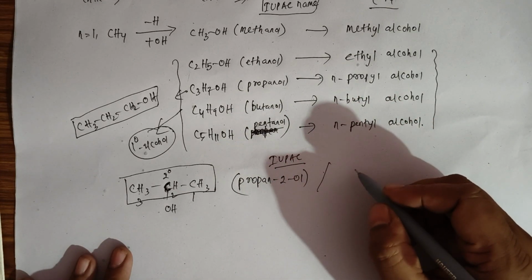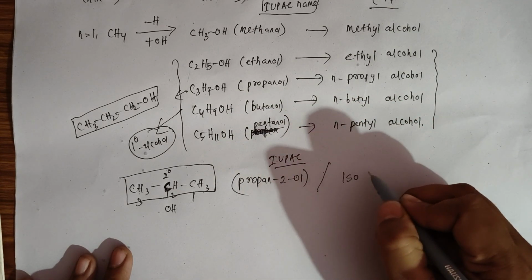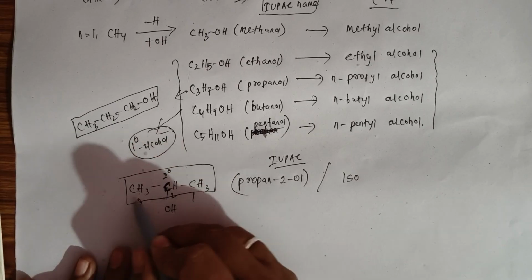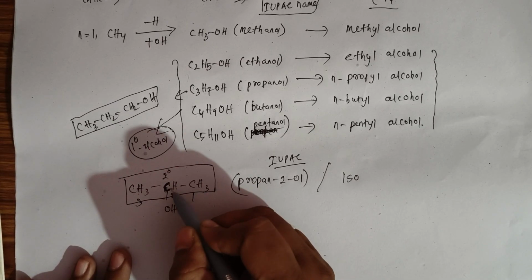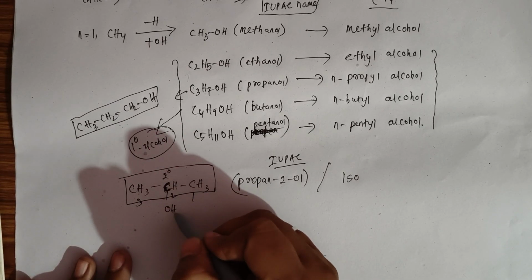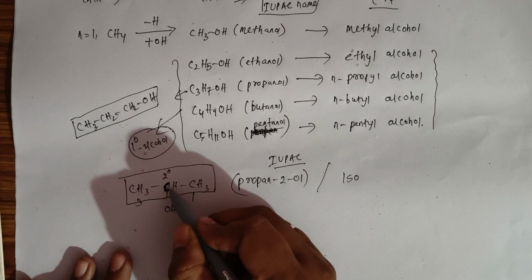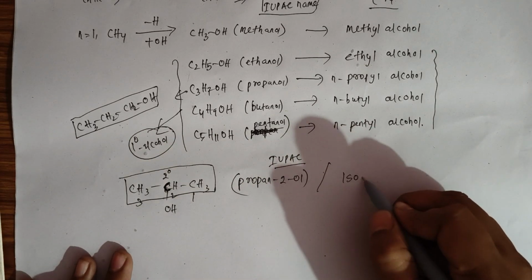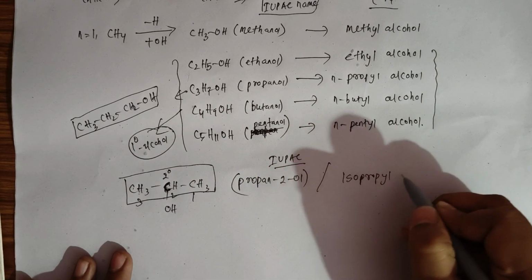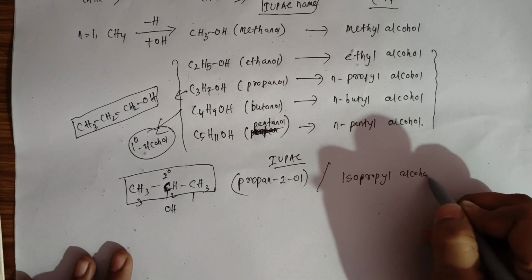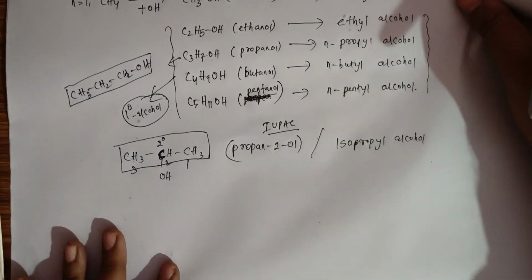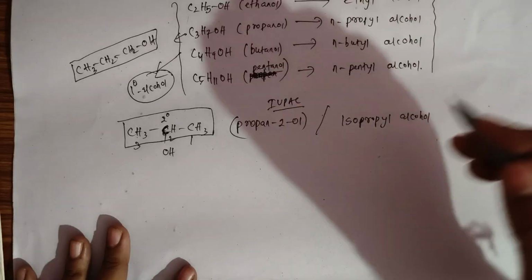Its common name is like a propyl, but because the functional group is attached to the second carbon atom, we name this isopropyl alcohol. Clear? Yes or no? Very simple.